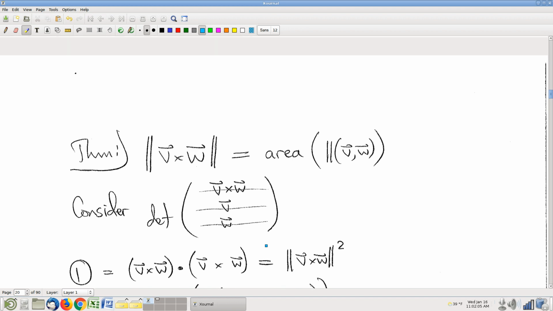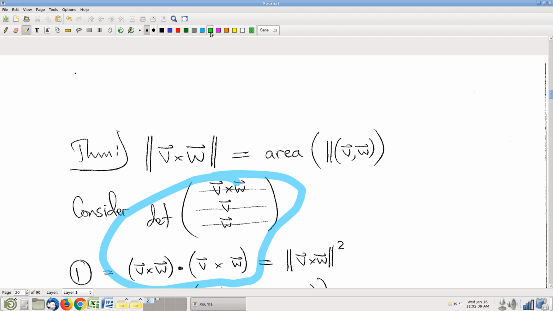So first of all, notice that this is a triple product. First vector, second vector, third vector, right? Determinants are triple products. Everybody see that? Okay, determinants are triple products.